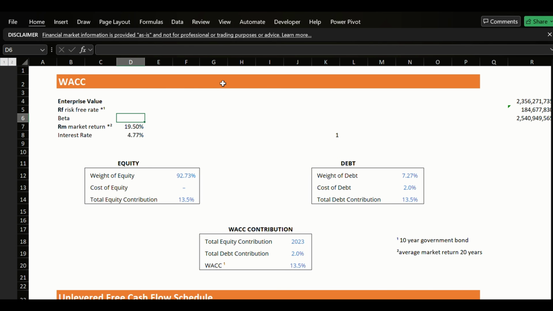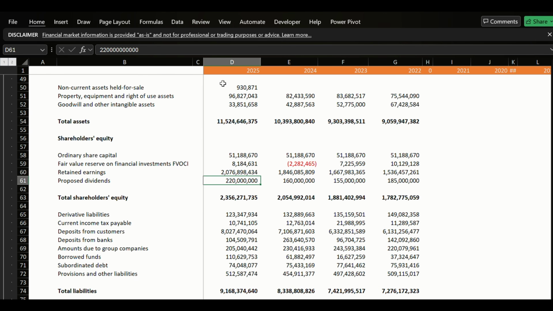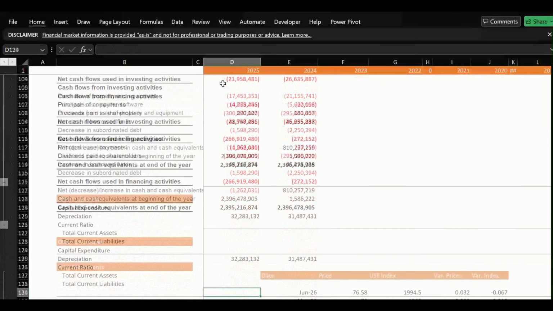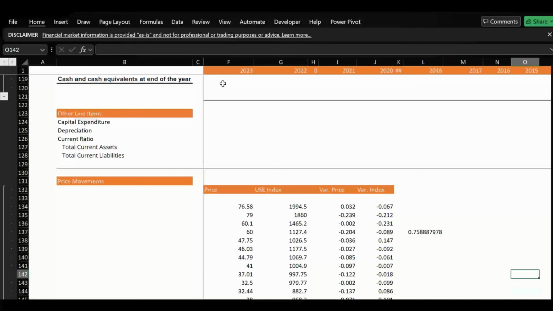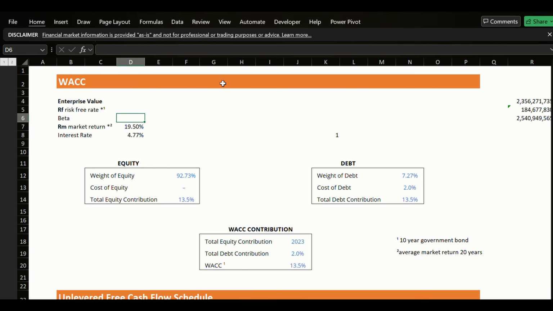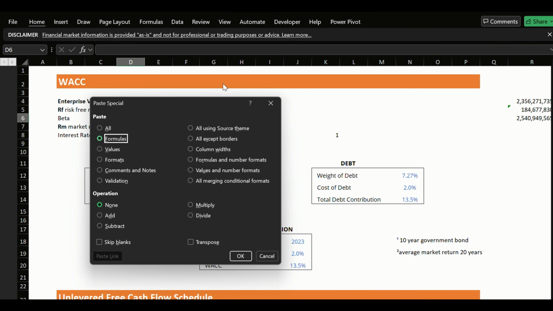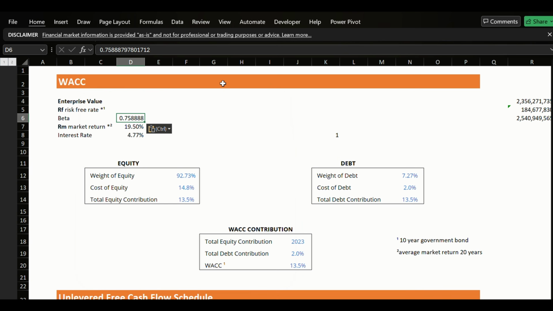The beta is, let me link it. The beta is here. Okay, how didn't I link that? Let me paste the values just so.